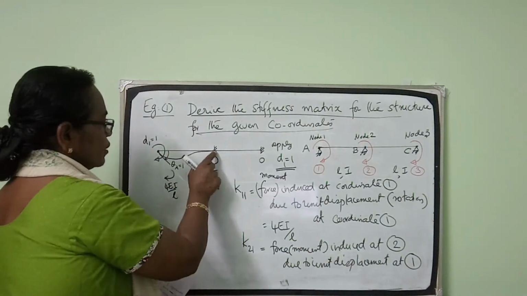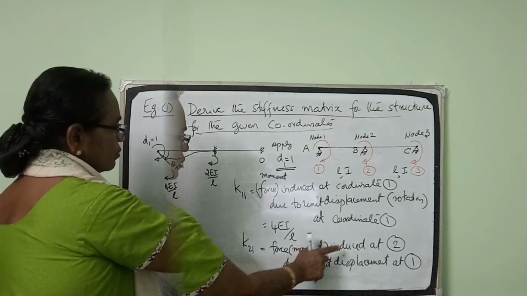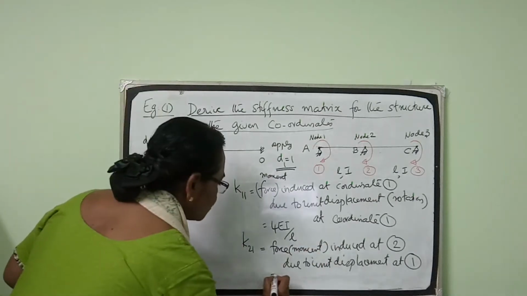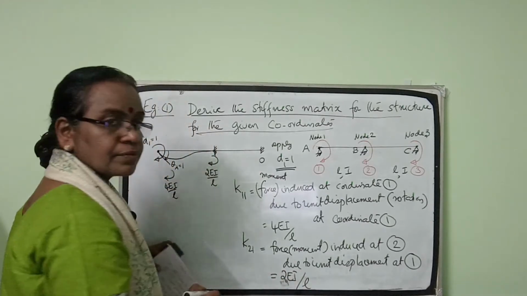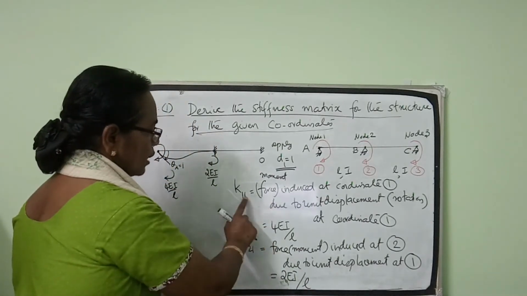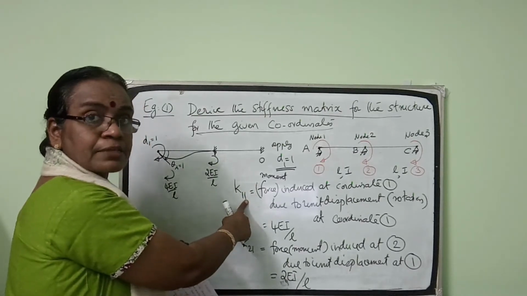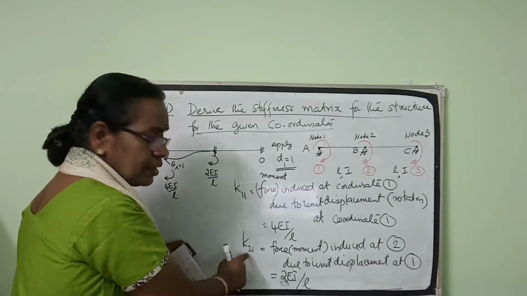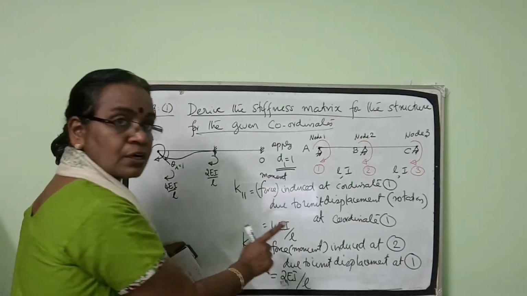That means the second point, the second coordinate direction, what is the moment produced? Here the moment produced is 2EI by L. I'll repeat once again. K11, moment induced at 1 due to unit displacement at 1. K21, moment induced at 2 due to unit displacement at 1.